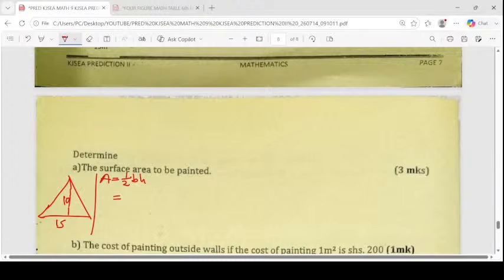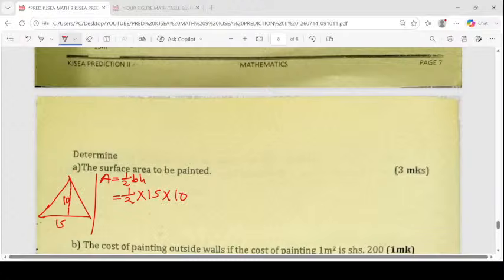A half, we are going to have it as a half now, multiplied by the base, which is 15, and the height, which is 10.